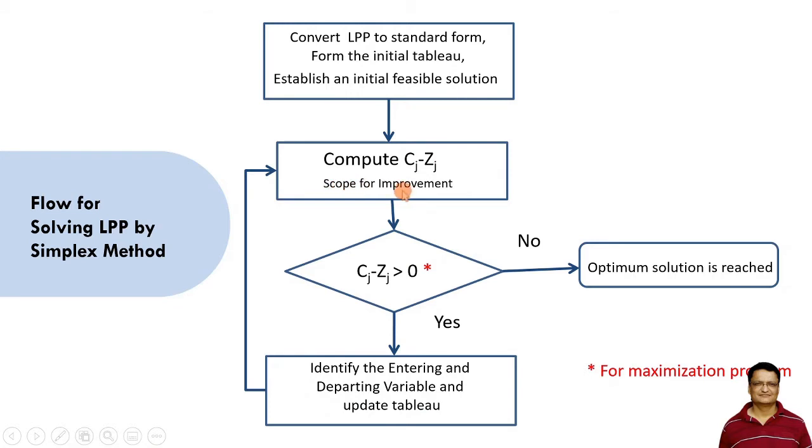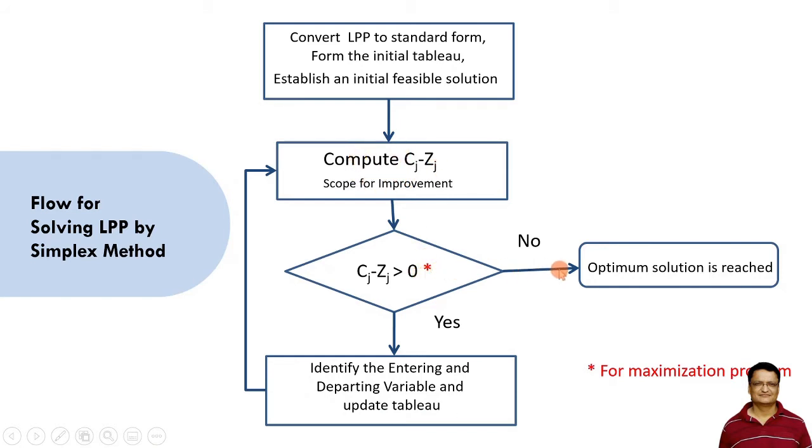Once we know whether there is scope for improvement, which is evaluated by the quantity Cj minus Zj, if Cj minus Zj has a positive value for any variable, then we have scope for improving the current solution. Then we identify the entering variable and departing variable, update the table, and go back to computing Cj minus Zj for the new improved table.